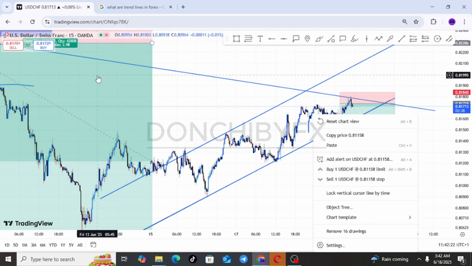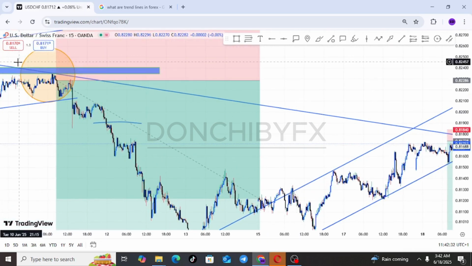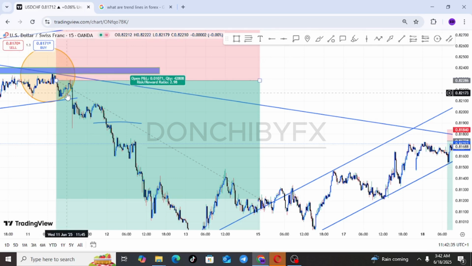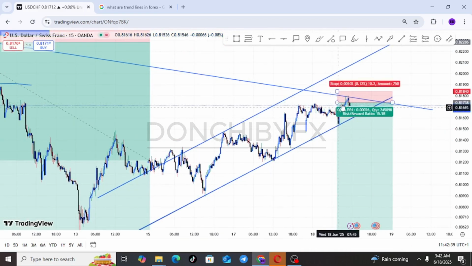So what I mean is that if you're using a moving average, you just have to wait for it to show that the market is now bearish. Then you can sell from that point. So that's another extra confirmation you can actually use to trade.